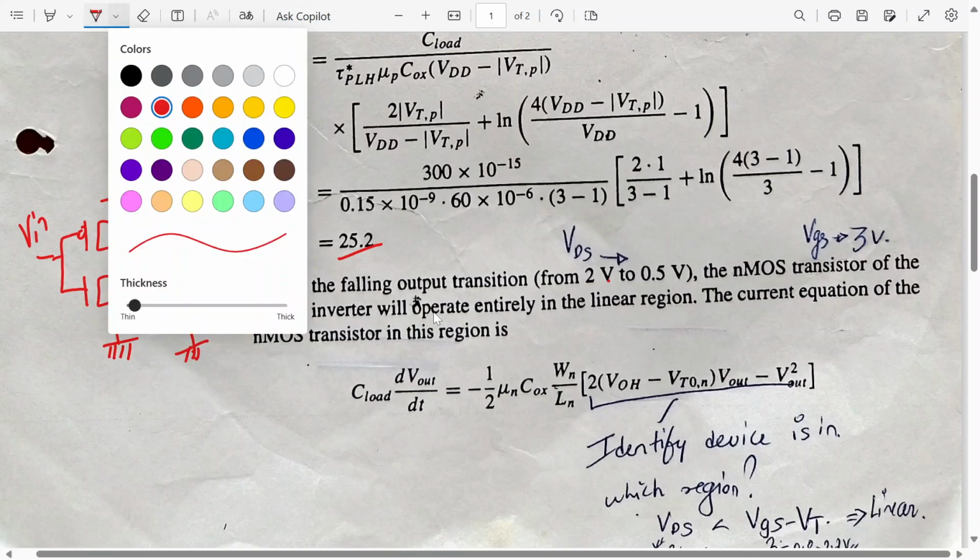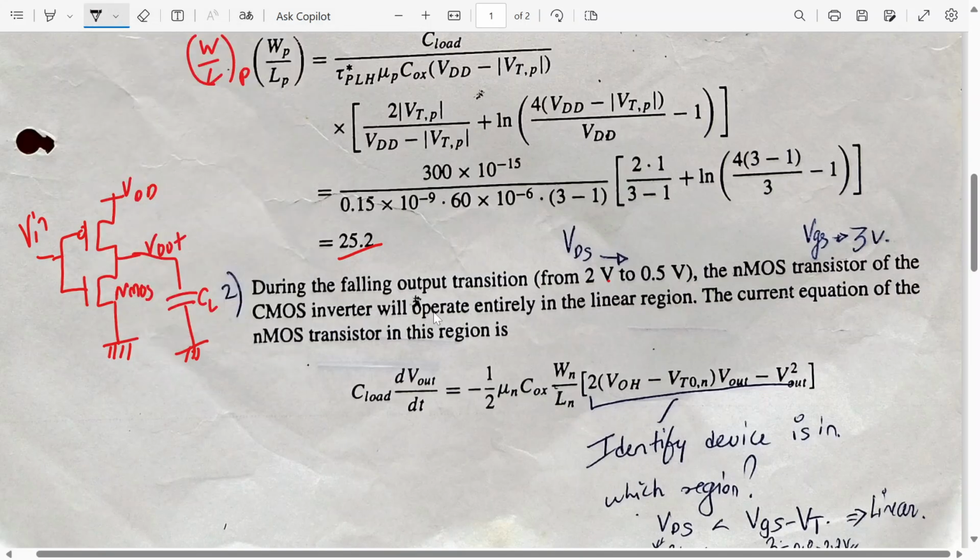So they are saying when the output is falling from a higher value to a lower value, let's say during the output transition of 2 volt to 0.5 volt, that means your V out of N is VDS N, right? So VDS is going from 2 volt to 0.5 volt. During that time, what is my input? Input is at VDD, right? So here input VGS N is equal to 3 volt.